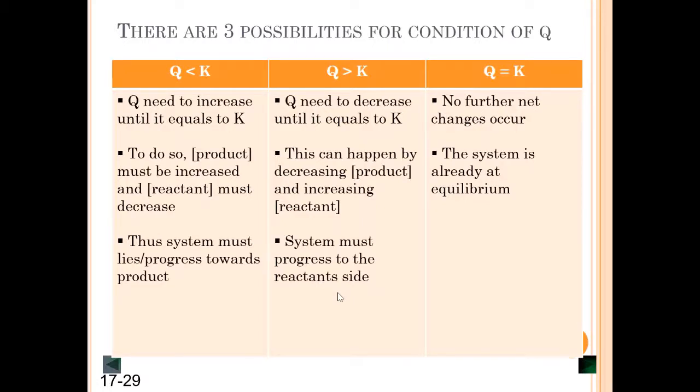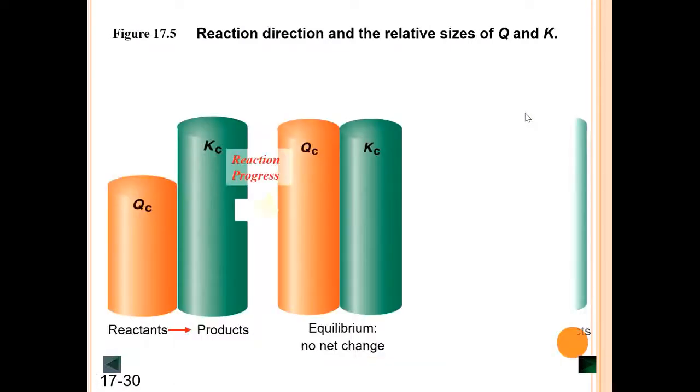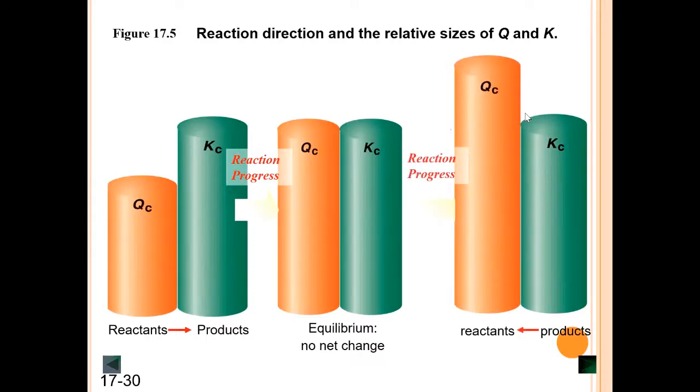However, if we have a Q value that is equal to K, it means that at this time the system is already at equilibrium, so no further net changes will occur. This figure also shows that when the reaction quotient is equal to the Kc value, no further changes occur because the system is already at equilibrium. However, if Qc is less than Kc, the Qc value needs to be increased, so the reaction progresses to the right and produces more product.